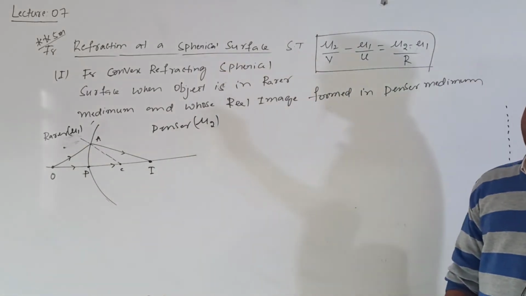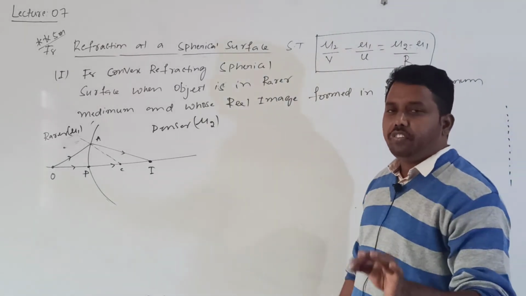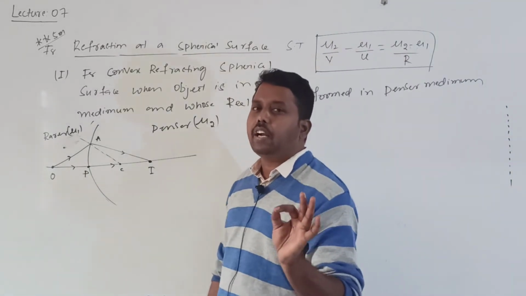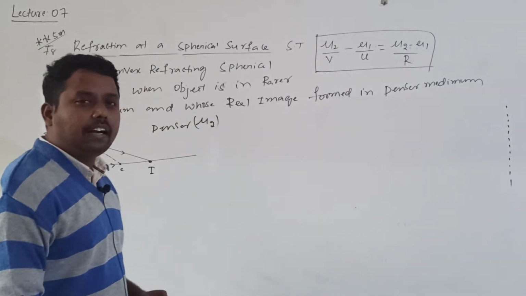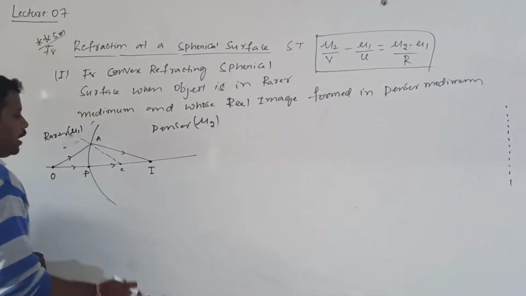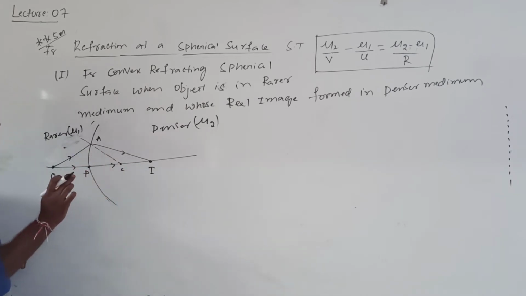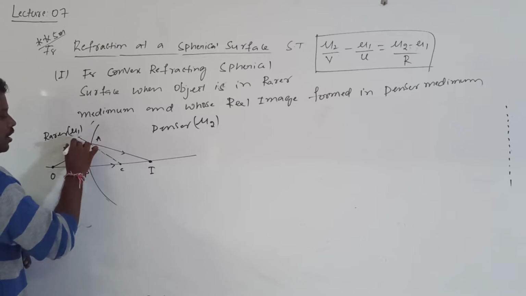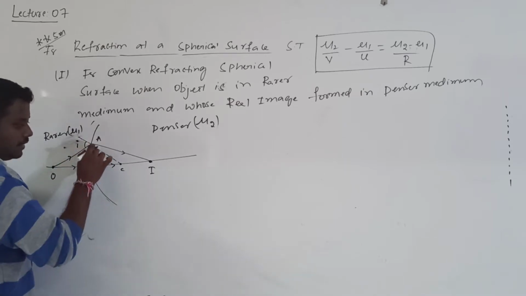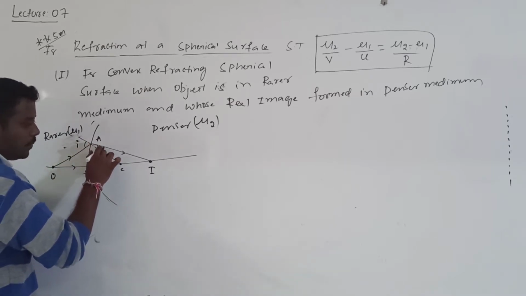In ray optics I am telling many times, if you forget to put the arrow mark, your diagram is not considered at all. Now image formed is real. Angle made by incident ray with the normal is angle of incidence i, and angle made by refracted ray with the normal is r.